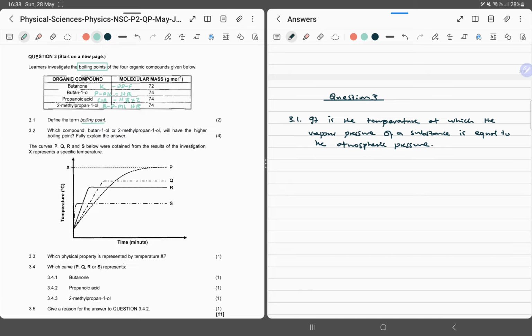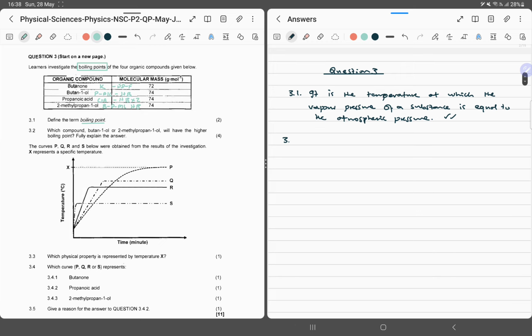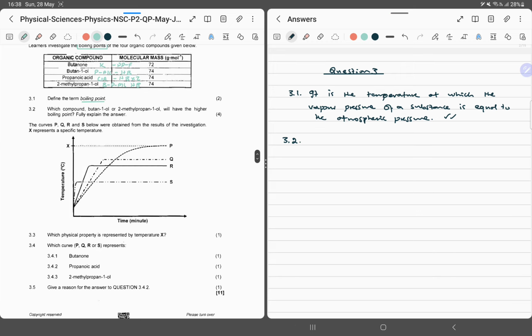Okay, great, easy, 2 marks again, nothing really special there. So definitions should be a way of scoring marks in each question, right? Because everything else can be a nightmare.